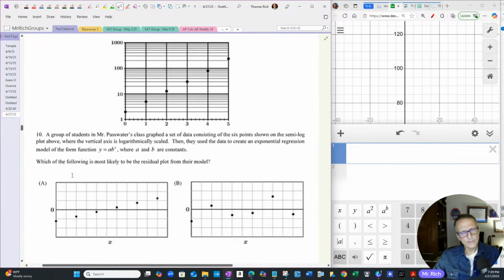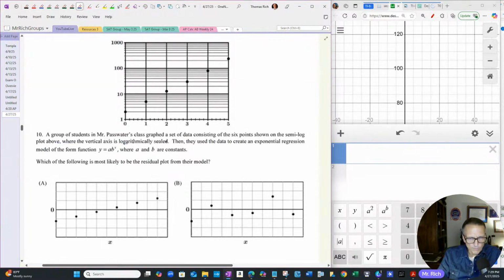The other thing that we taught you in Unit 2 was about residual plots, and that if you pick a valid model and run a regression on it, what you expect to see in the residual plot is total randomness. All right, so in this problem, a group of students in Mr. Passwater's class graphed a set of data consisting of the 6 points shown on the semi-log plot.